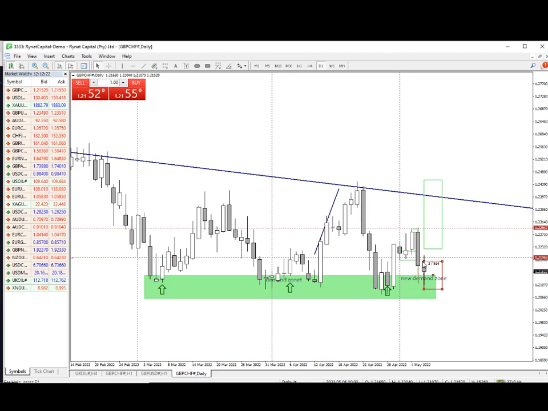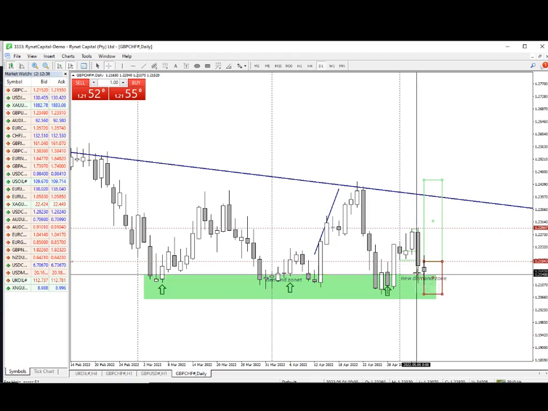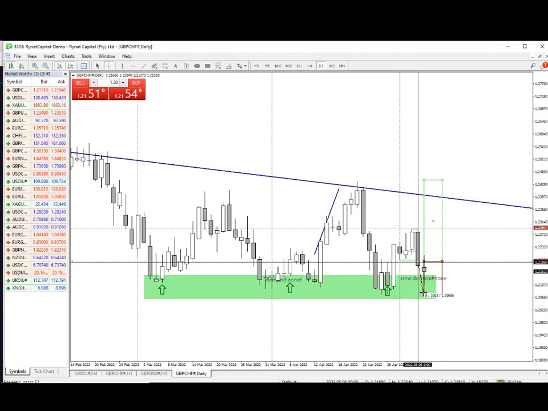So we'll be having something like this. We have a stop loss of about 100 pips for a take profit target of 270 pips. That's like a ratio of 1 to 2.7.